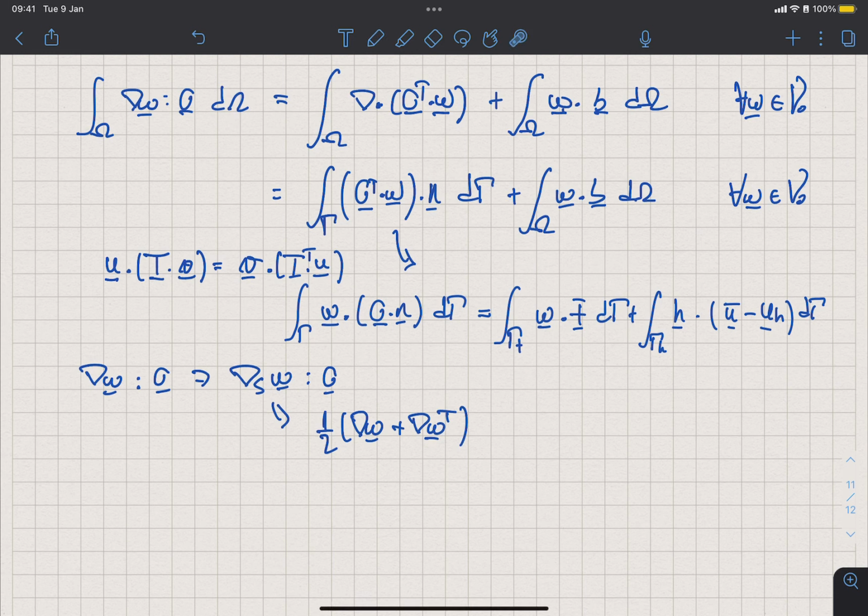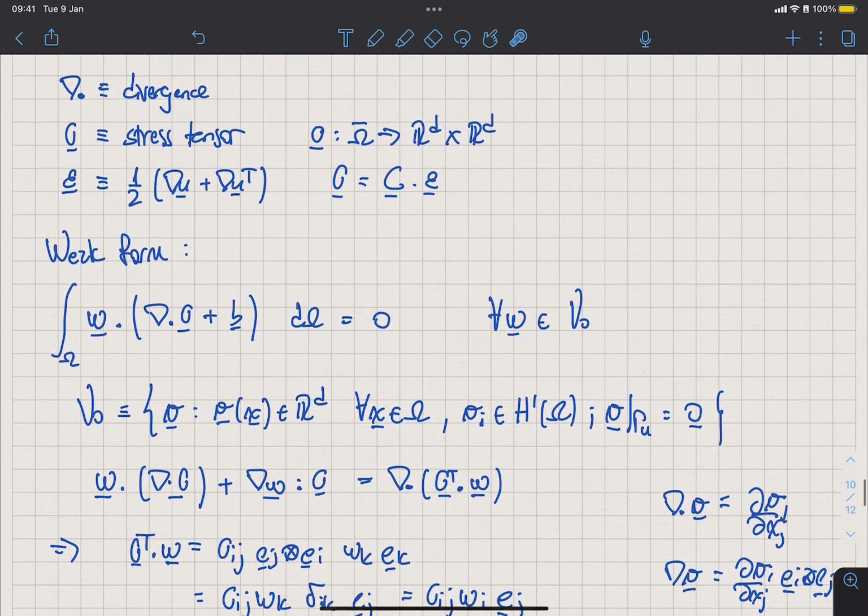This quantity right here already shows something that we have seen above. What is it? It has the same structure as what? Yes, as the strain.